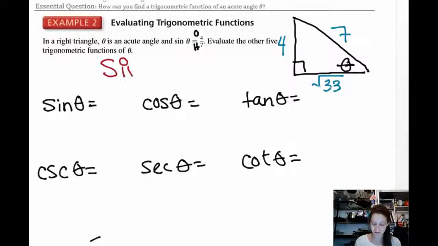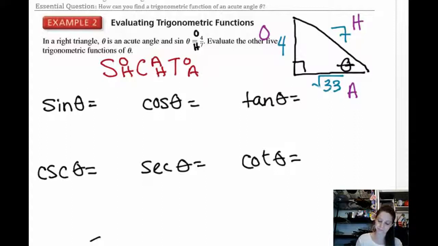Some old horse came a-hopping through our alley. Okay, so sine is opposite. Oh, I didn't even label these. 4 is opposite. 7 is hypotenuse. Radical 33 is adjacent.